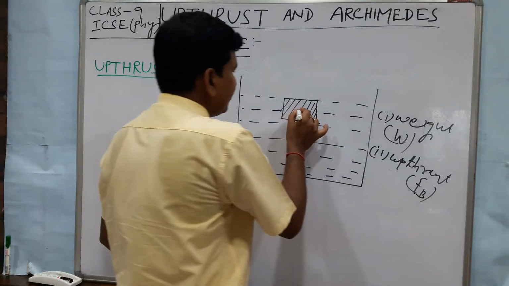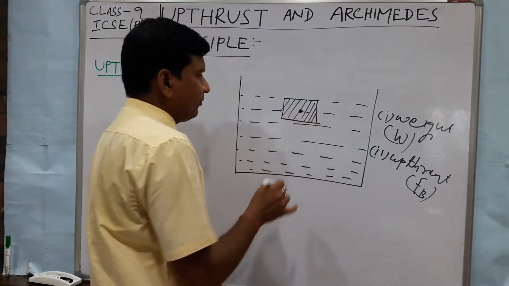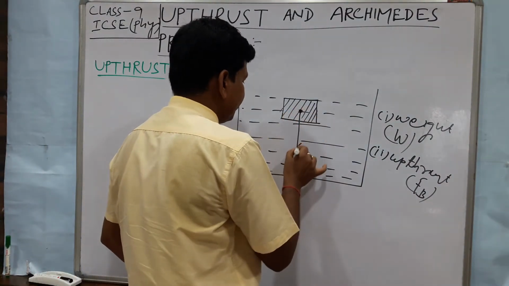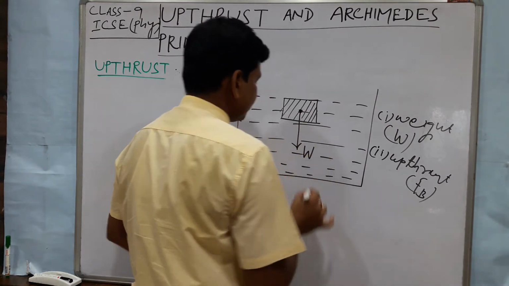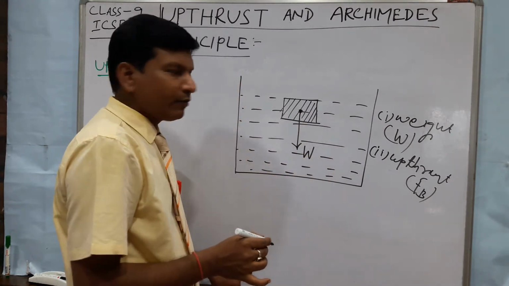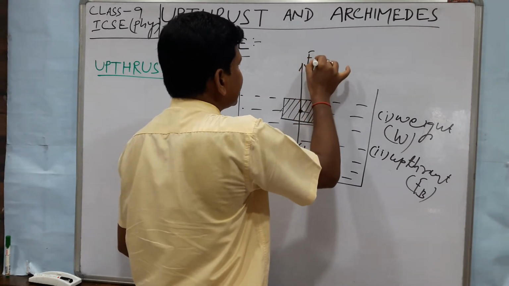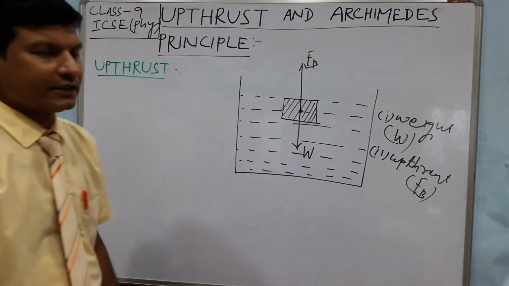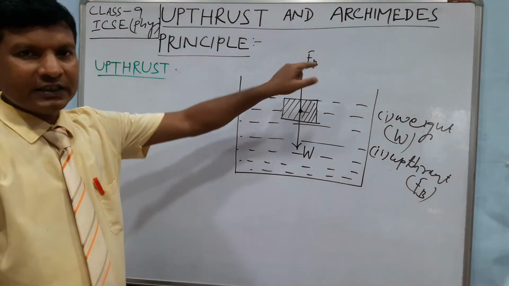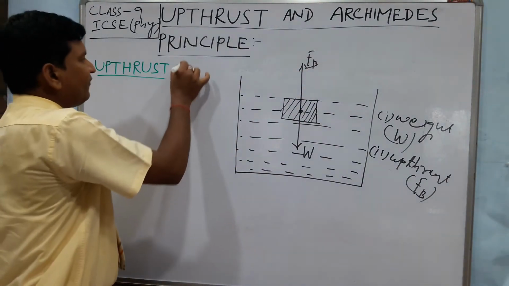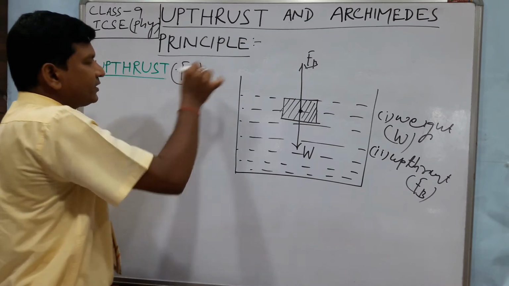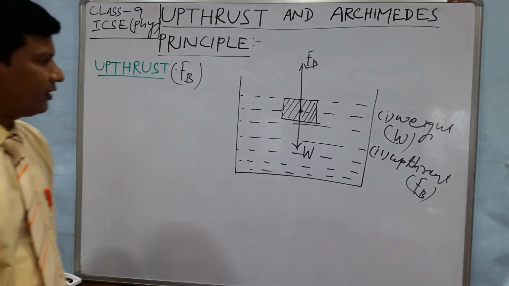Therefore we can show the two forces acting on the body: one is the weight, acting vertically downward, and the other is the upthrust, acting upward. The symbolic representation of the upthrust is FB. Remember, this is the symbolic representation of the upthrust.